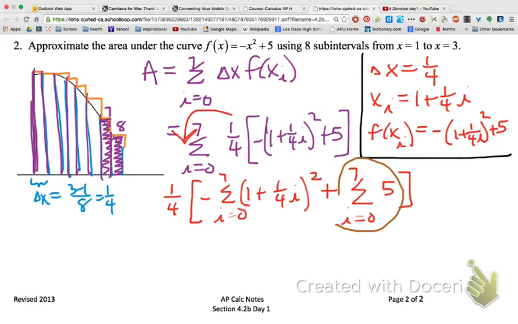I have 8 5s. Now you have to think about why there's 8 of them there. Because I start by plugging in 0, so for the 0th term there'd be a 5, and for the first term there'd be a 5, and for the second term there'd be a 5, all the way up to the 7th term.